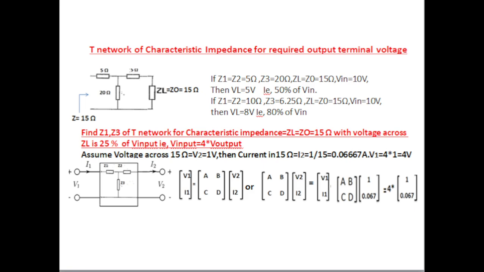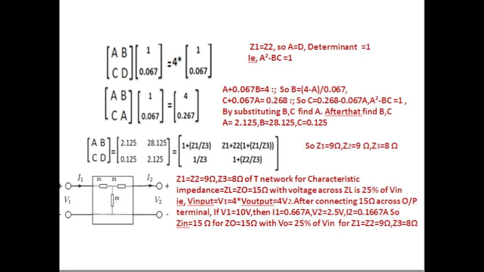So ABCD matrix into matrix 1, 0.067 equal to 4 into matrix 1, 0.067.